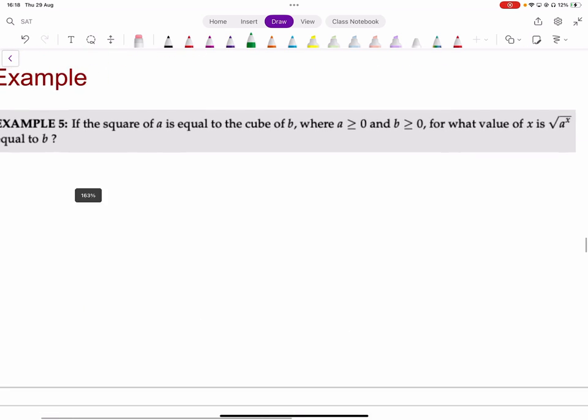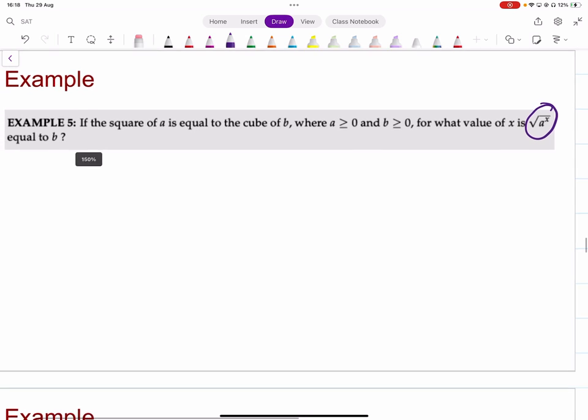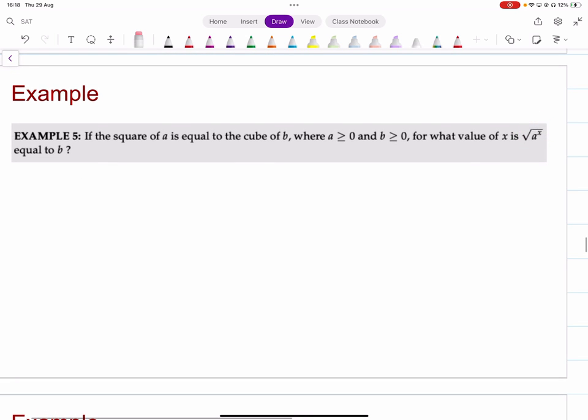Let's try this now. If the square of a is equal to the cube of b, for what value of x is under root of a raised to power x equal to b? Now you just have to convert it to mathematical form.